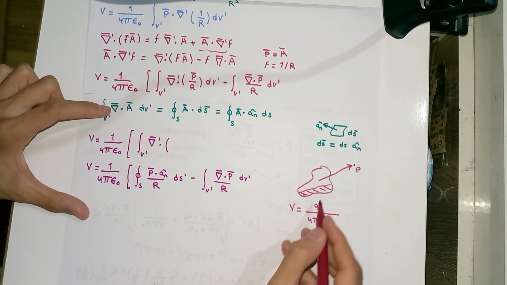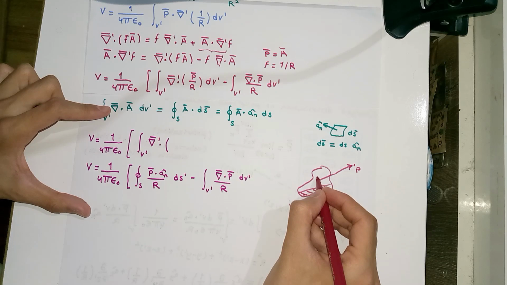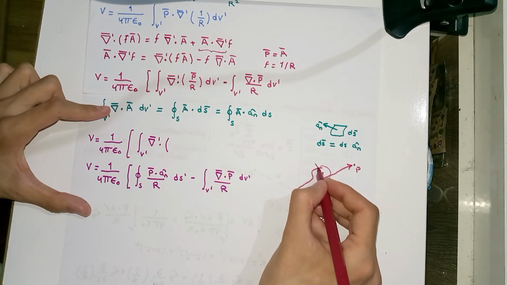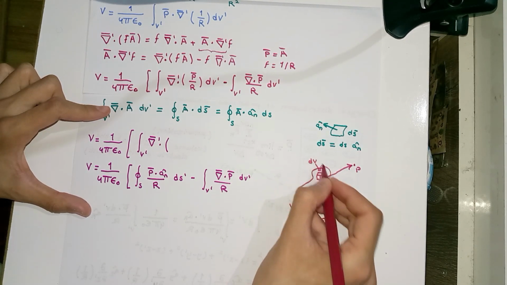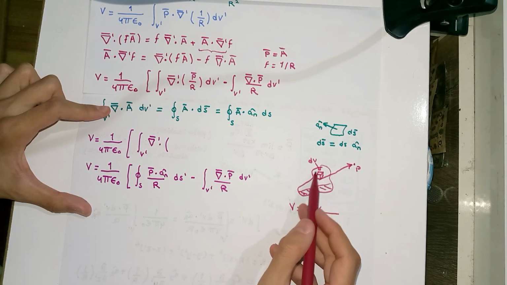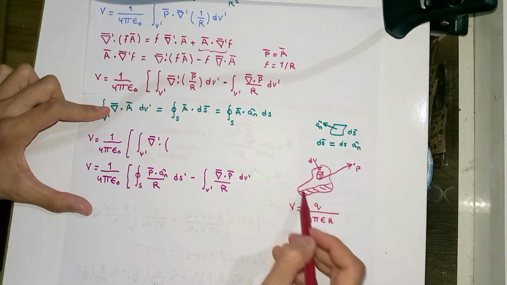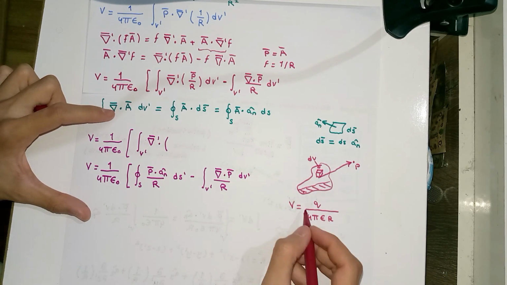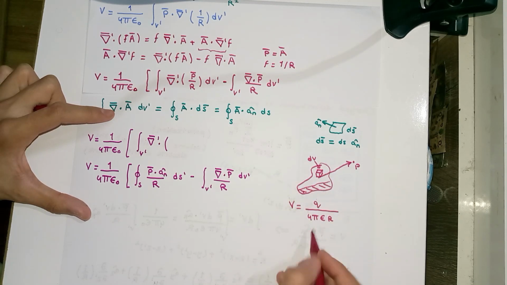So we are going to take a differential volume from this arbitrary volume, and we are going to call it dV. By assuming that this volume has a homogeneous distribution of charges, we have a charge density, and we can calculate the potential by using this formula.